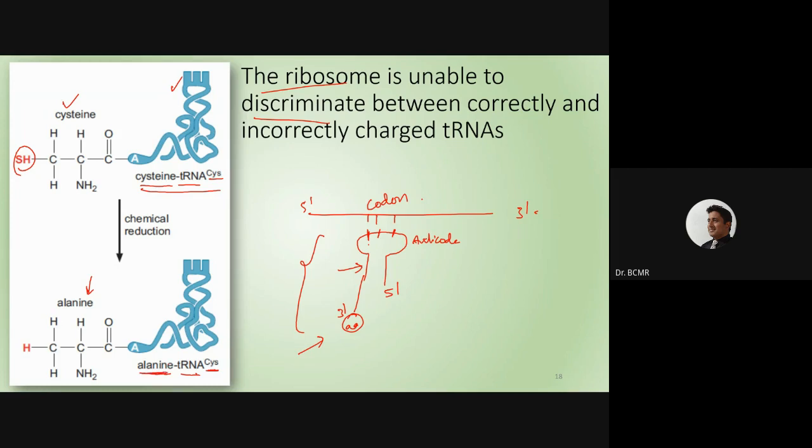This is an artificial scenario that we are discussing. It is just to prove that the ribosome does not have any mechanism to proofread whether the charging of the tRNA is correct or not. That's the job of the tRNA synthetases. After the tRNA synthetases have done it and you made some kind of modification, it's going to get incorporated in the places of cysteine, for example, in this case.